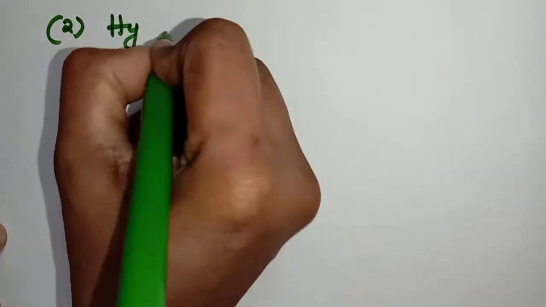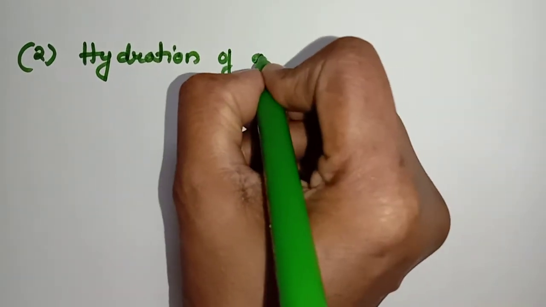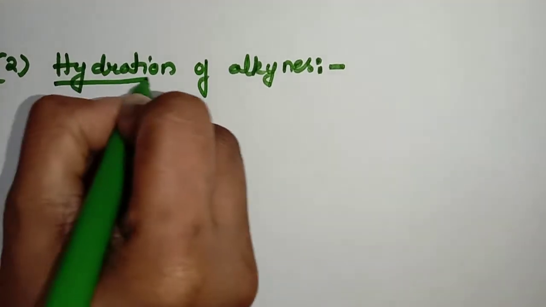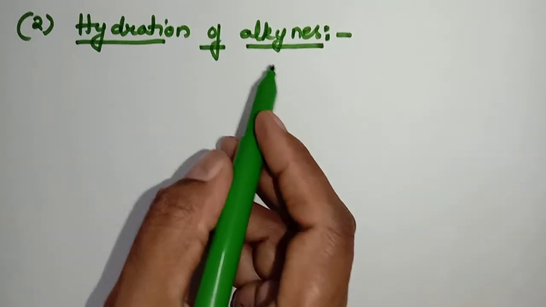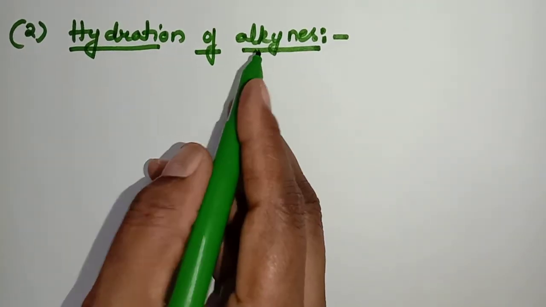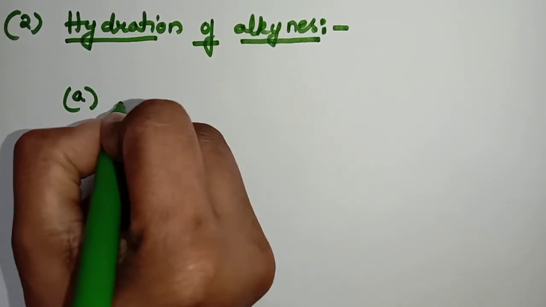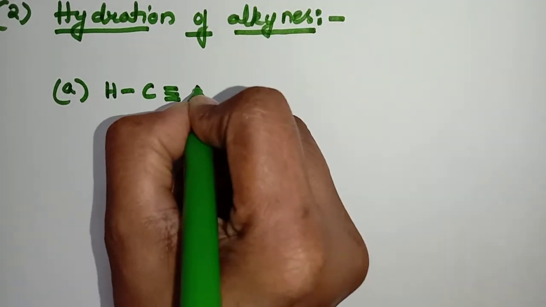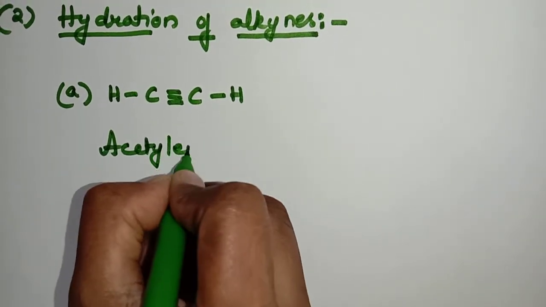Next method is hydration of alkynes. You know what an alkyne is? It consists of a triple bond. So for example, I am taking the first alkyne, that is acetylene or ethyne we call it.